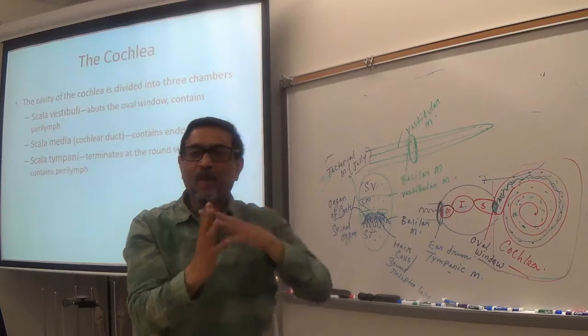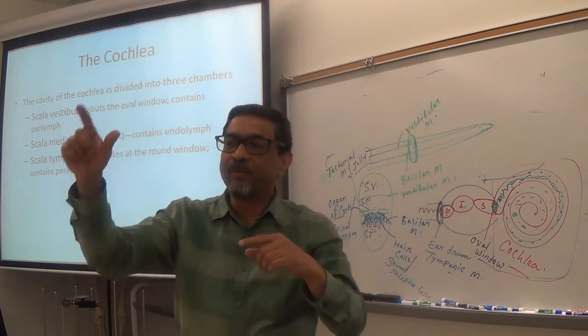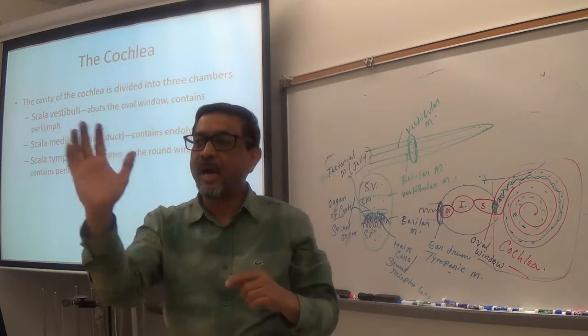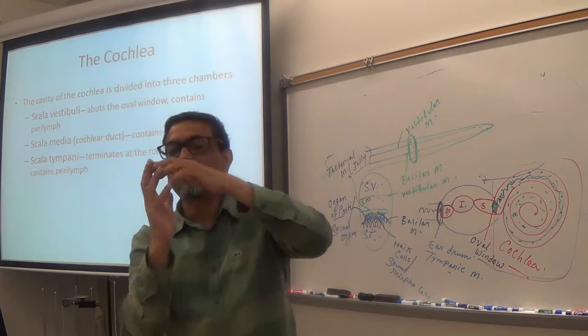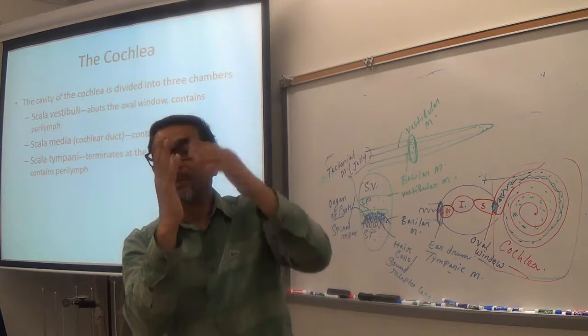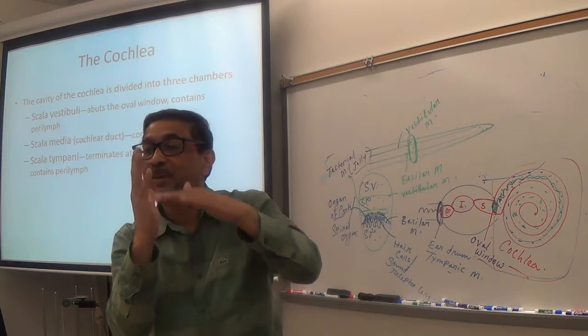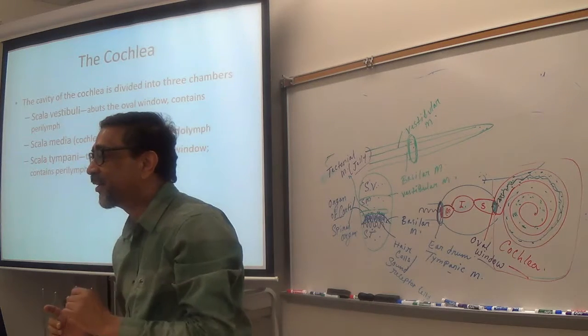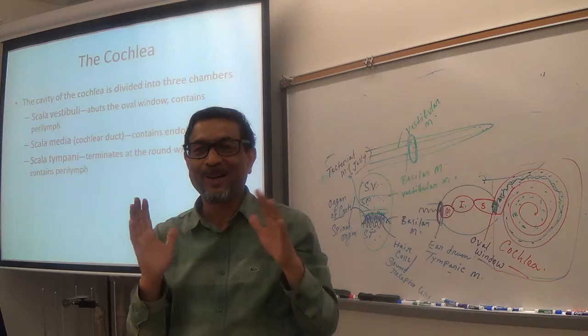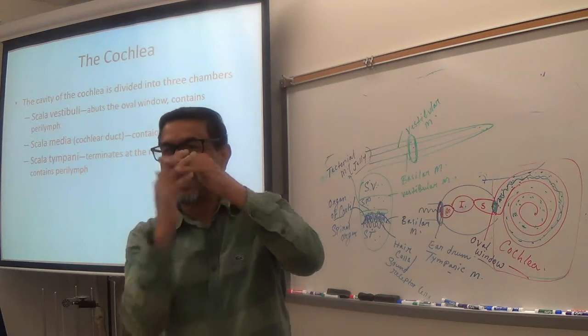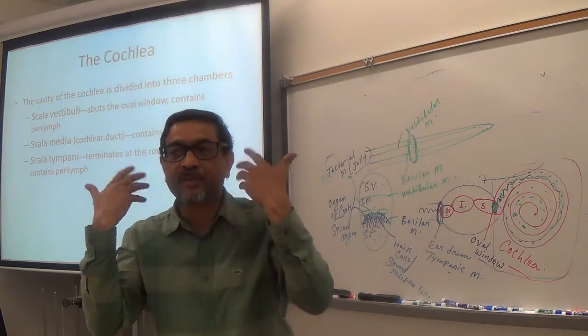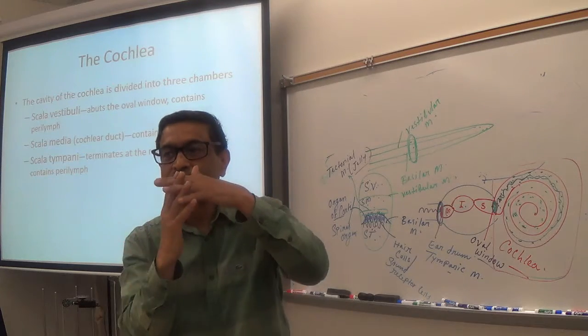Make sense? So if the sound wave is 5,000 times per second, 5 kilohertz sound, the basilar membrane will move 5,000 times in 1 second. Just think how fast, right? 5,000 times in 1 second. 5 kilohertz sound we can hear. Okay?